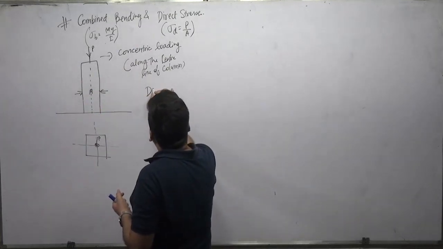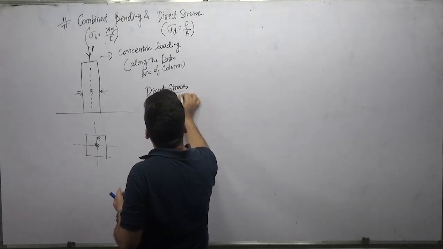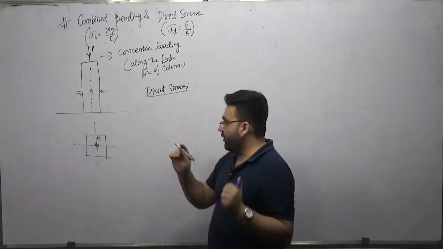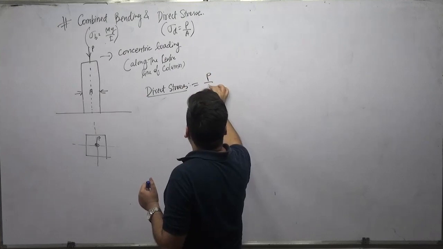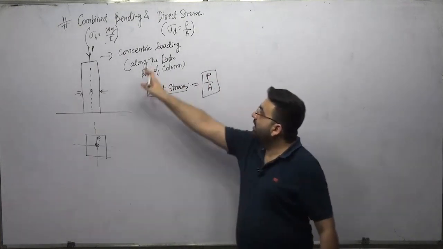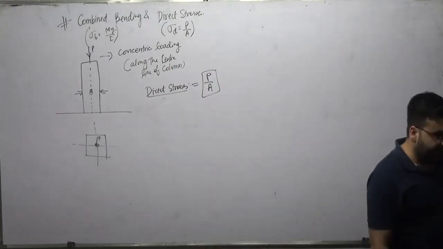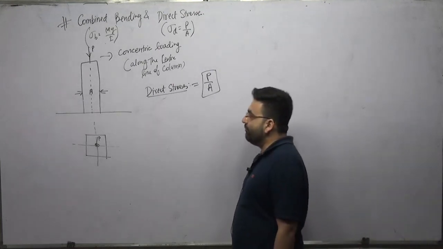Because we are engineers, we play with the term direct. It means falling directly. Direct stresses are given by P by A. Simple. For concentric loadings, we have direct stresses given by P by A.